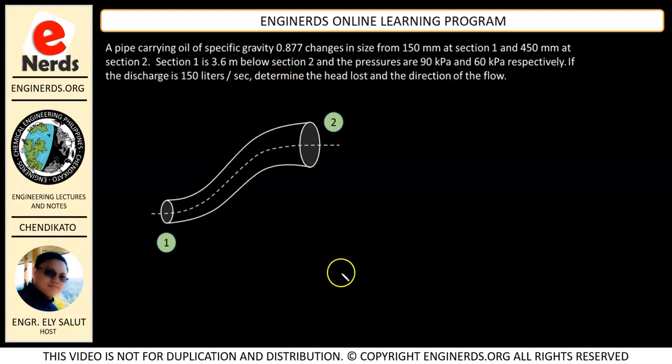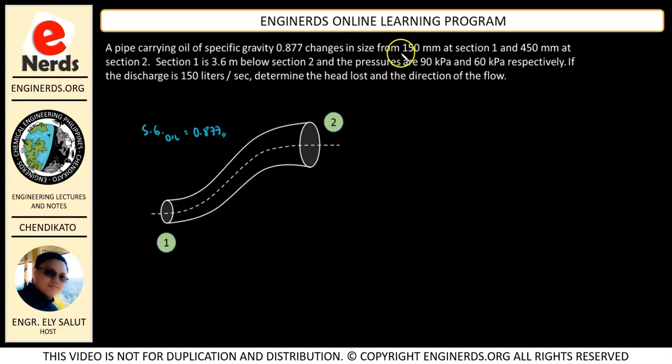So, let us first write our givens in our diagram here, no? What is flowing in our pipe is an oil with a specific gravity of 0.877. So we have the specific gravity of our oil equal to 0.877. So that is given.